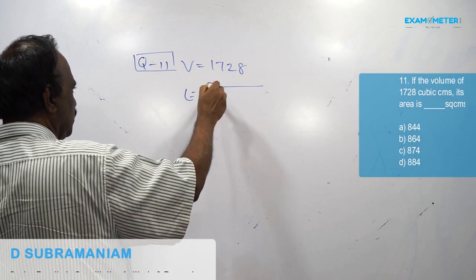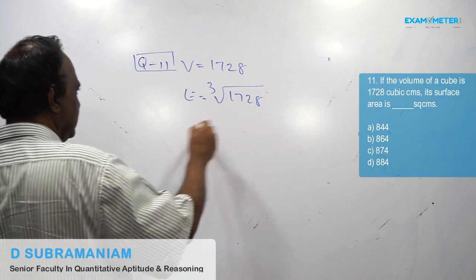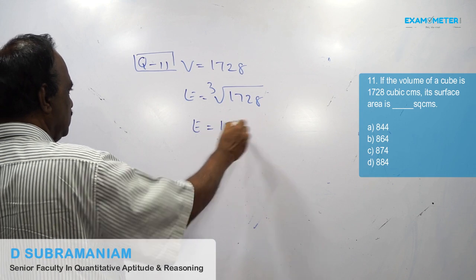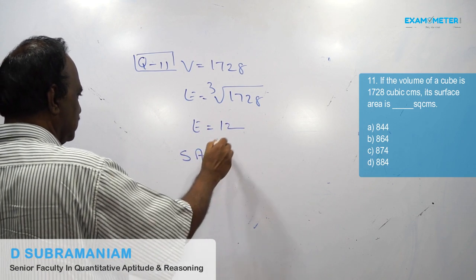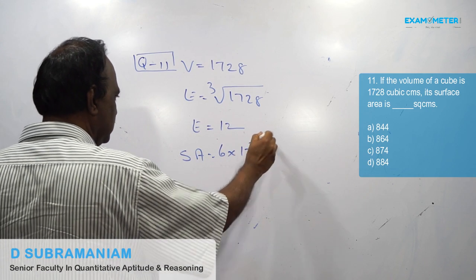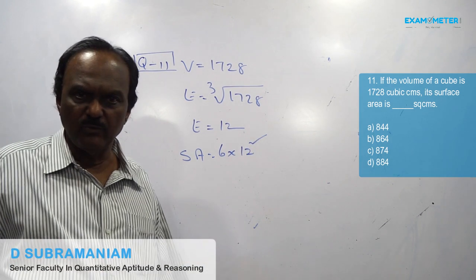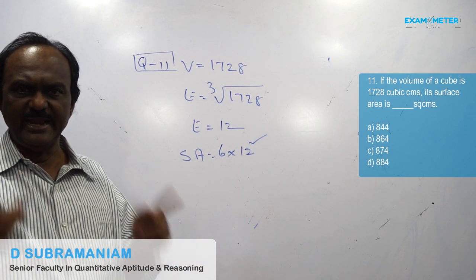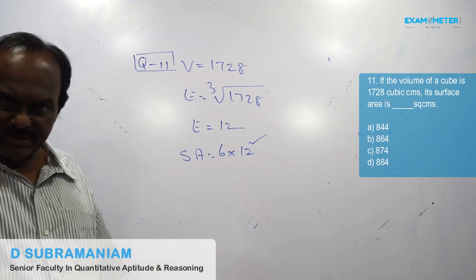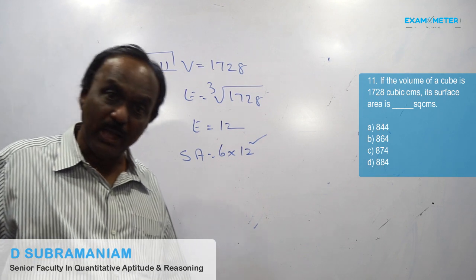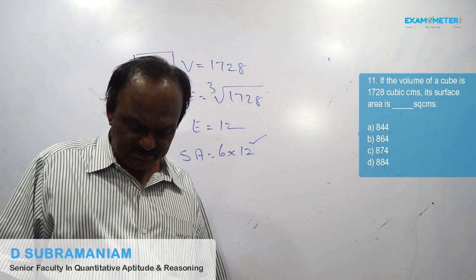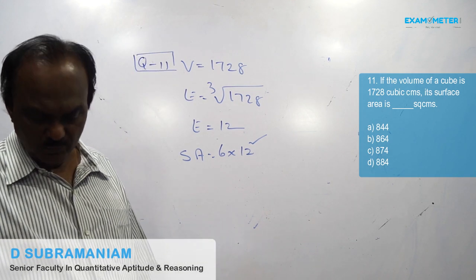H is equal to cube root of the volume. Therefore, H is equal to 12. Therefore, surface area is equal to 6 into H square. 12 square is 144. 144 into 6, 864. So, surface area is 864 square centimeter. So, answer is D, 864.